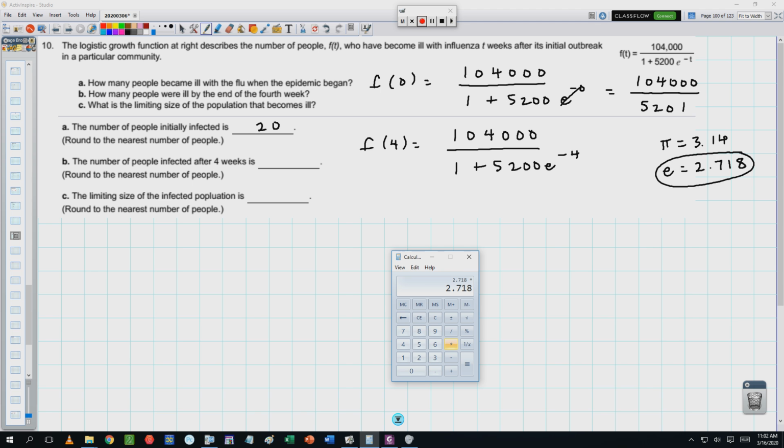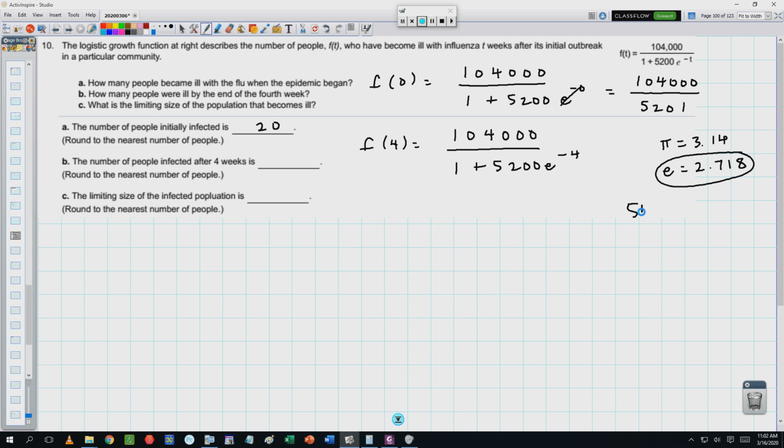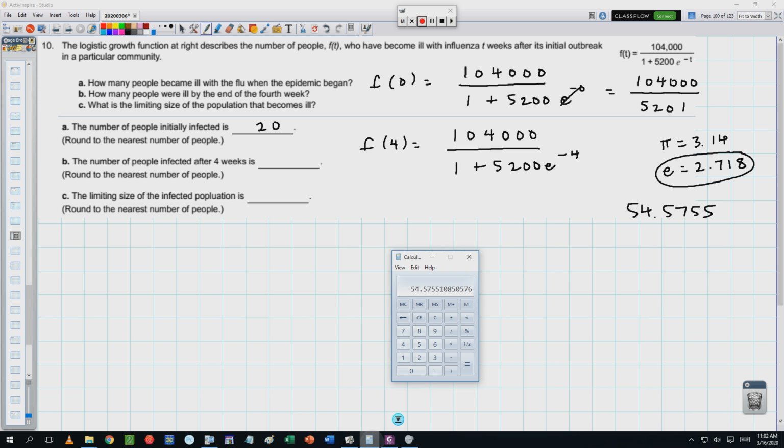So 2.718 times 2.718 times 2.718 times 2.718. That is e to the 4th power. And that is 54.5755.